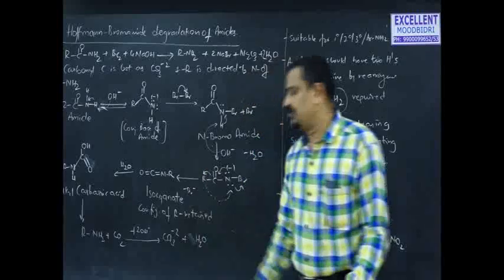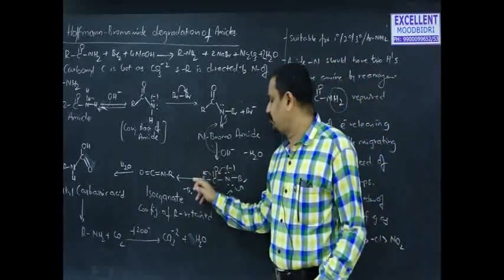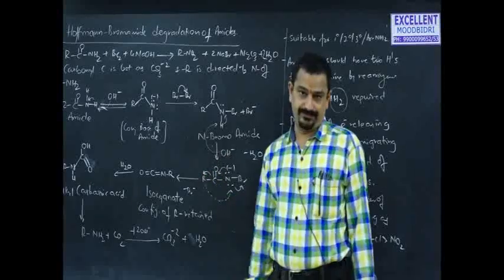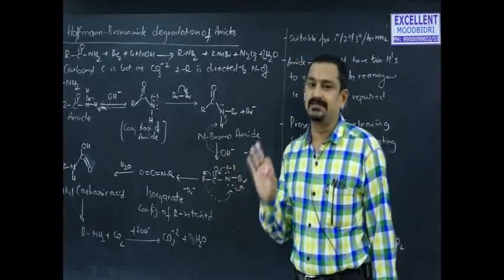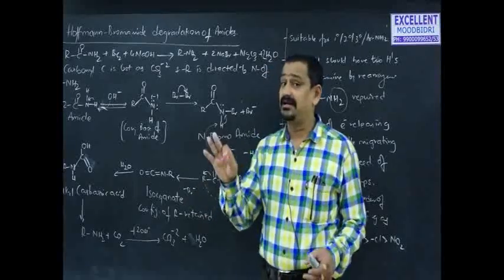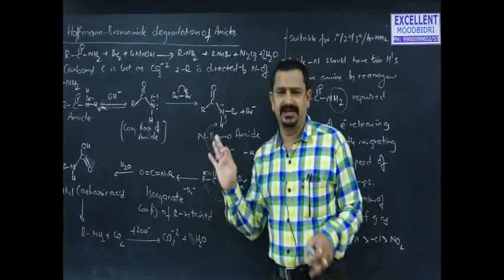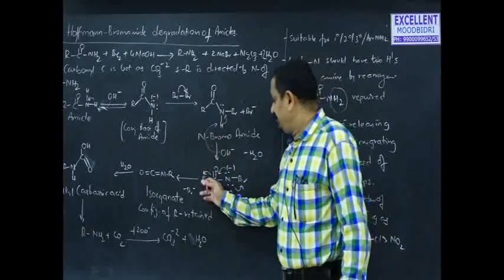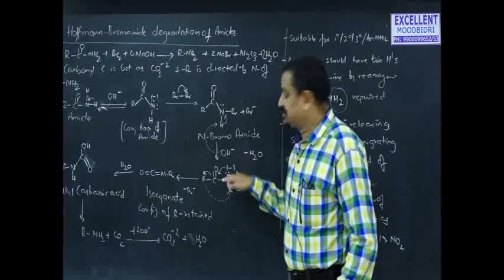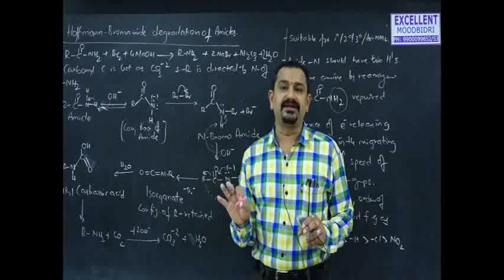Here, one more point to be noticed is, we are not at all disturbing the other groups present in this alkyl group. Suppose the alkyl group has a chiral carbon with some R or S configuration, capital R or capital S I am talking about; let it be the capital R configuration. Then even after migration, its configuration will be R only, meaning its configuration is said to be retained.